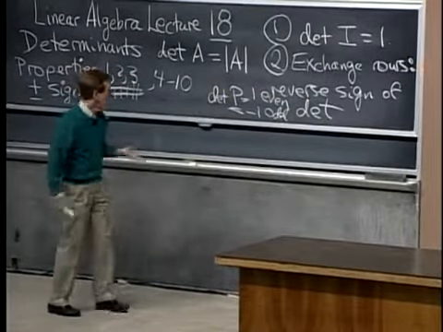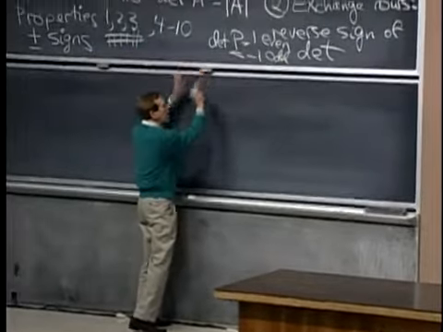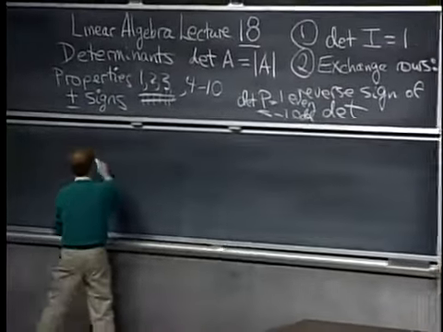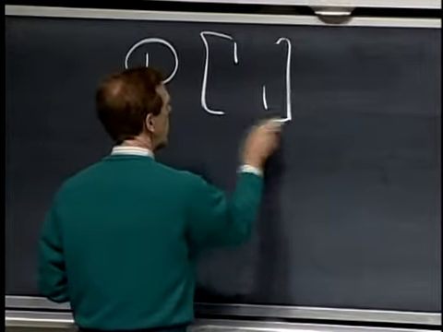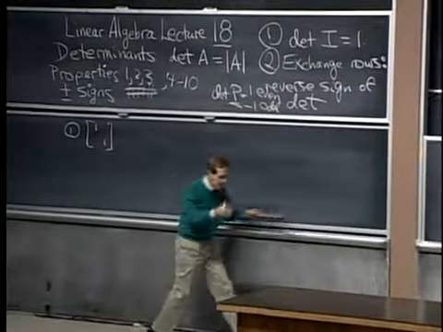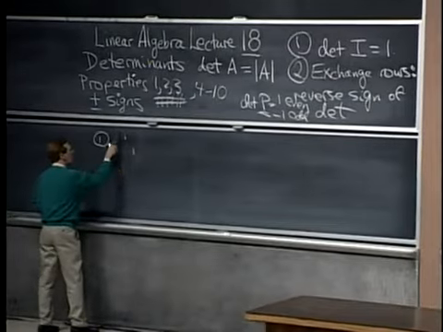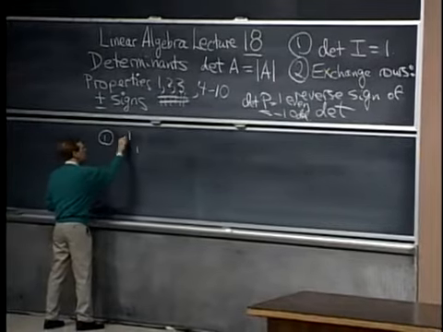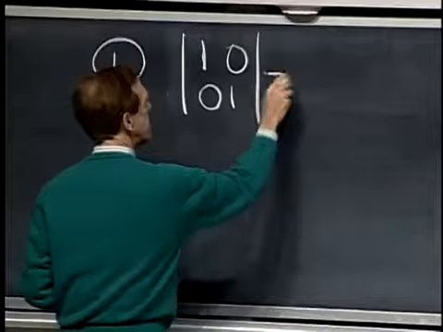Okay. So if I could carry on this board, I could do the 2x2s. So property 1 tells me that this 2x2 identity matrix, I better write vertical bars, not brackets, for that determinant, has determinant 1.